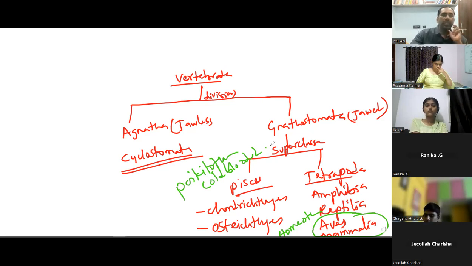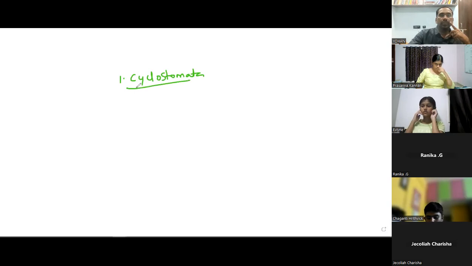Today we'll see the last class, but the first class in vertebrata. Number one, cyclostomata. And while studying the vertebrate classes, you have to follow certain points like non-chordata.